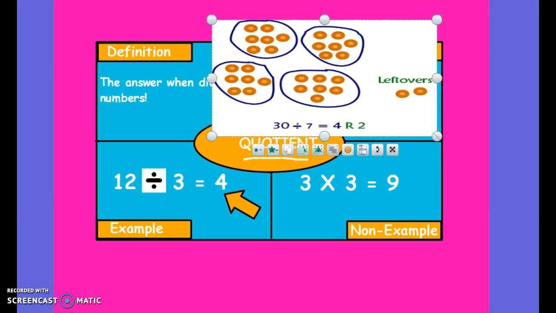Again, my divisor is going to be the smaller of the two numbers, or the 7. My dividend is going to be the larger of the two numbers. And now when I finally get an answer and I find out, well, you can break 30 up into 4 equal groups of 7, 4 is my quotient.